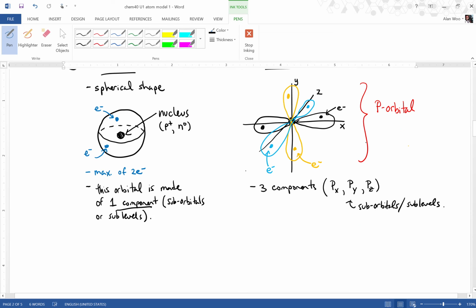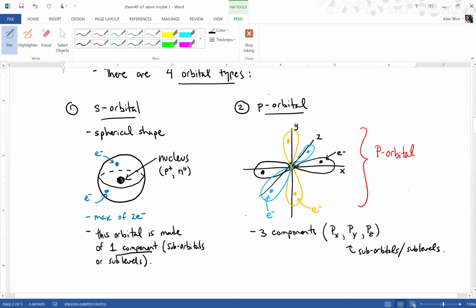A suborbital or a sublevel is just a smaller portion of an orbital, right? So if this p orbital is made up of 3 separate components, those components are basically suborbitals. The total number of electrons that can be held by a p orbital is 6.